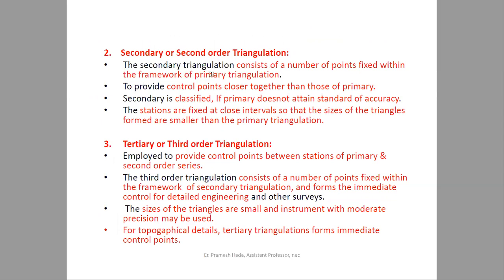So in the framework of primary triangulation, a number of fixed points are included in secondary triangulation. The control points are closer than those of primary. And similarly in case of third order triangulation, the control points lie between primary and secondary.